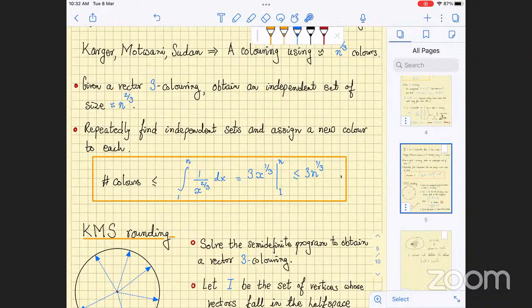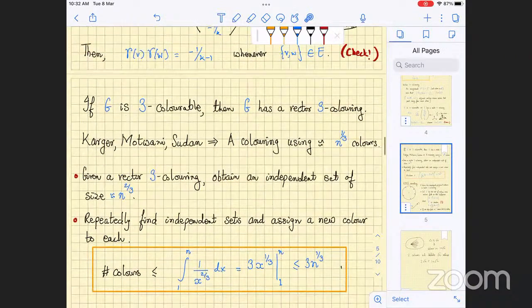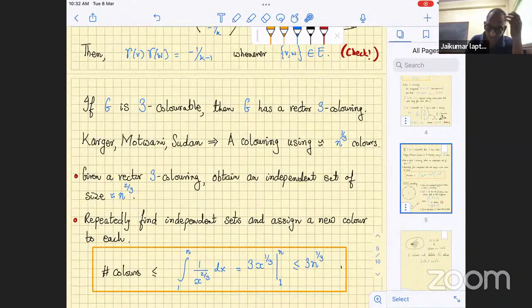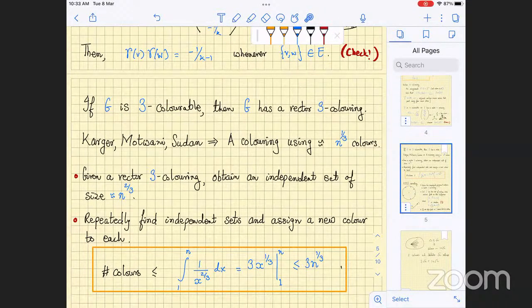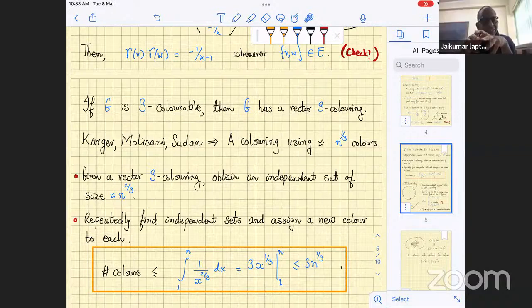So what happens if the promise is not obeyed? That is, if it's not three-colorable? It may or may not produce the right answer. The semi-definite program might fail, but it may be that the semi-definite program nevertheless has a solution which is a good vector coloring. And if you have a good vector coloring, then you're okay. So there are graphs which are far from three-colorable, but still have a vector three coloring.